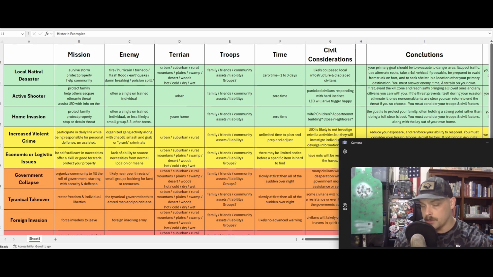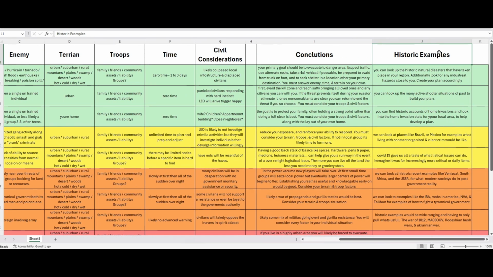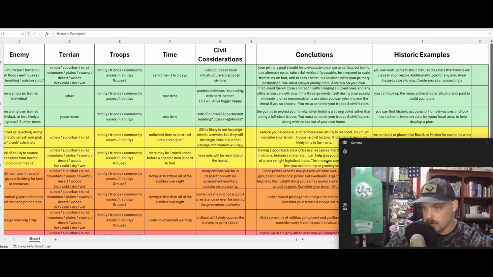Okay. And then you can come to, based off all of that, find yourself more specific and accurate historic examples, read up on those, and then based on all of your specific METT-TC considerations and the historic examples that you've read up on, formulate your own logical conclusions.